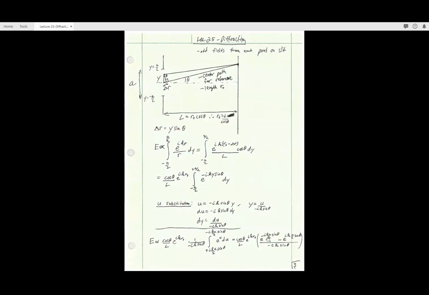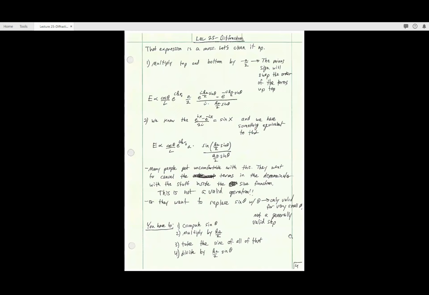And then we've got the difference of two complex exponentials. We're going to multiply top and bottom by minus a over 2. And we're left with e to the i ka sine theta over 2 minus e to the minus all of that.